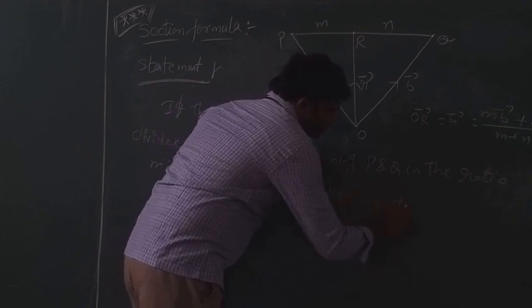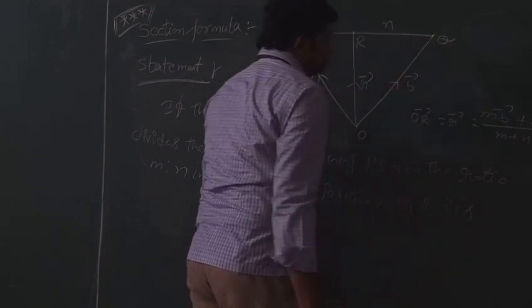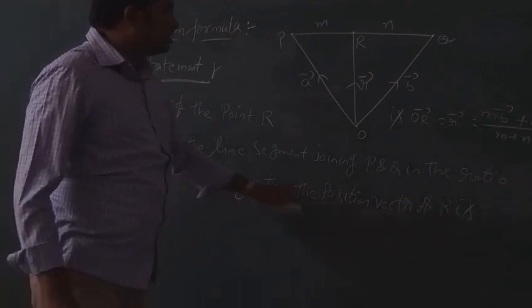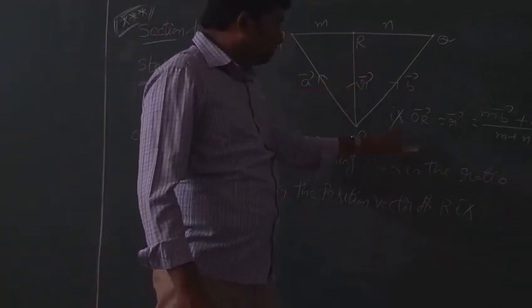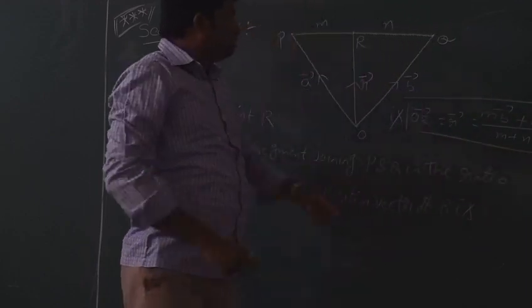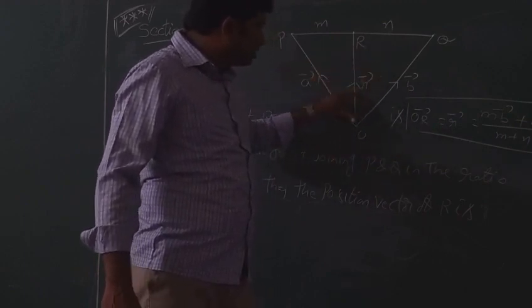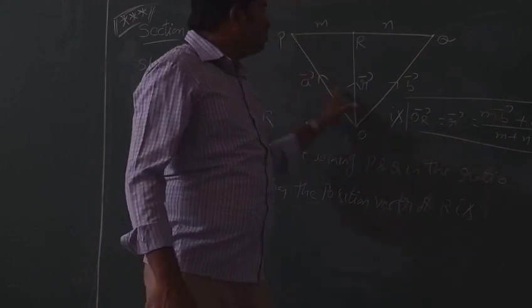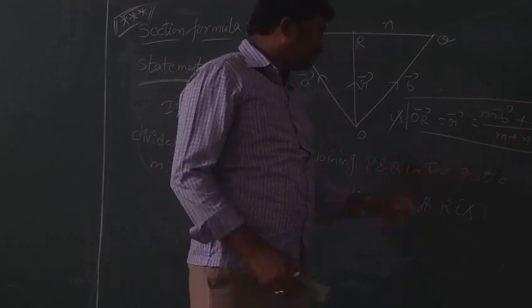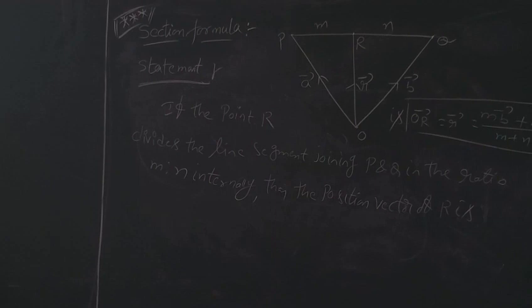Then the position vector of the point R is OR bar, that is R bar, equal to m into B bar plus n into A bar by m plus n. That is the statement. Yes, next. Proof.